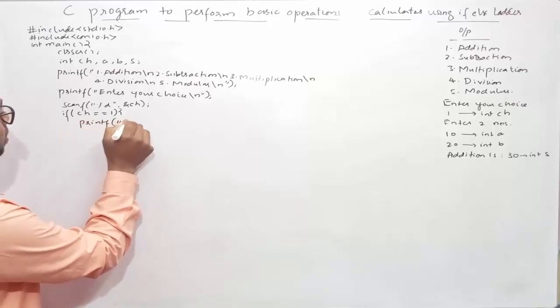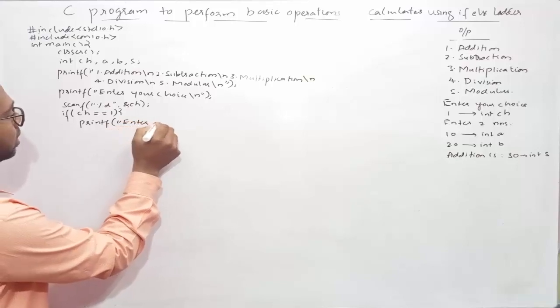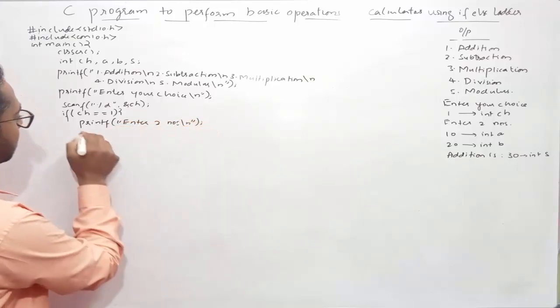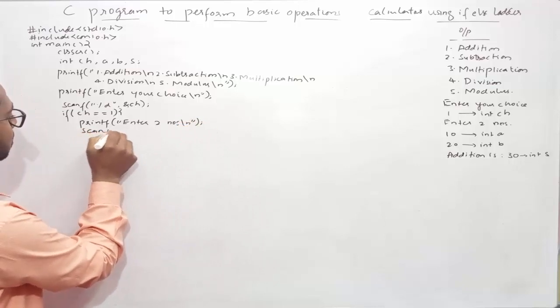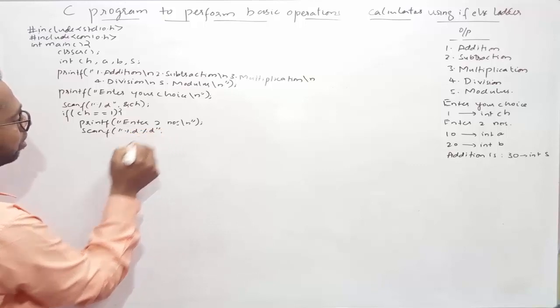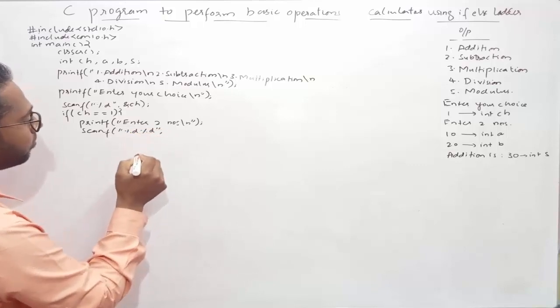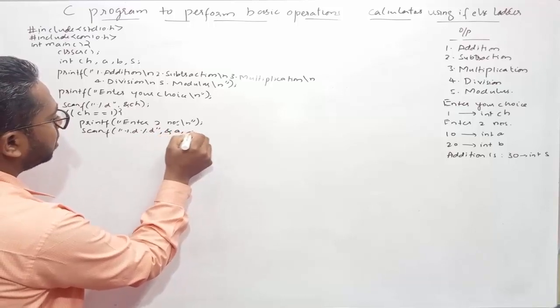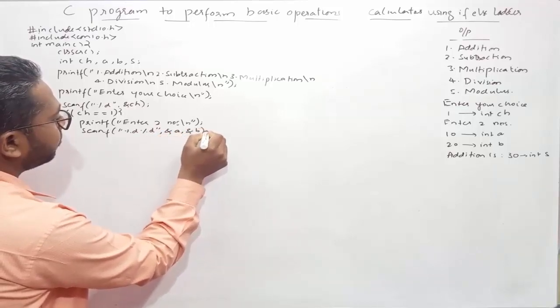printf enter two numbers, and then scanf %d, comma ampersand a, comma ampersand b.